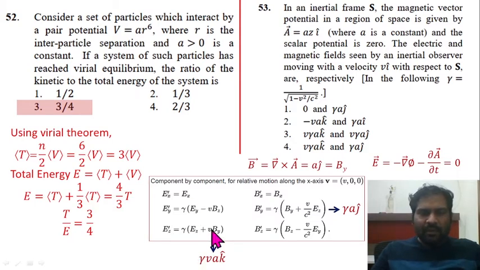E_z हो जाएगा, rest मतलब gamma, v, A, and k component मतलब k direction. This is the only surviving term, so gamma v A, and this is j direction and this is k direction, that's why it is k cap and j cap. Okay, option 4 is correct.